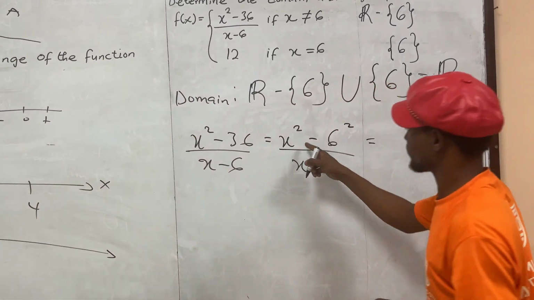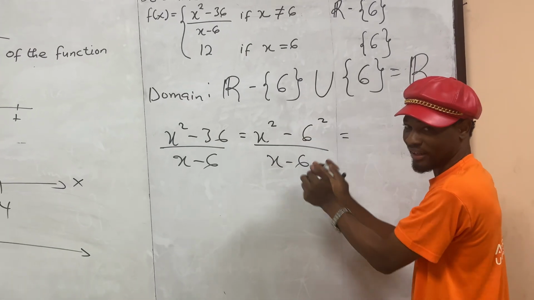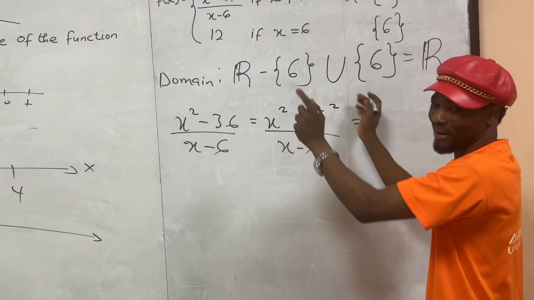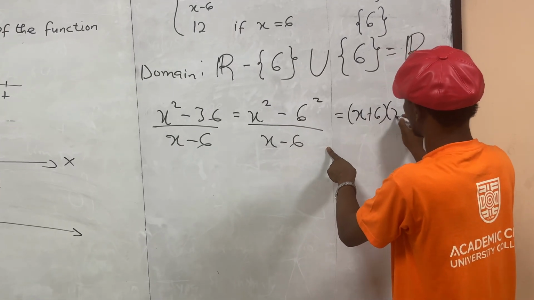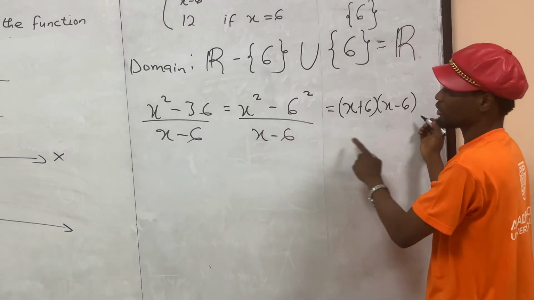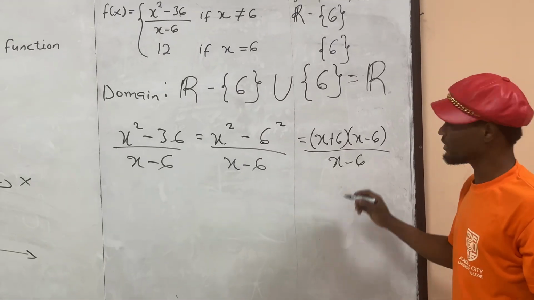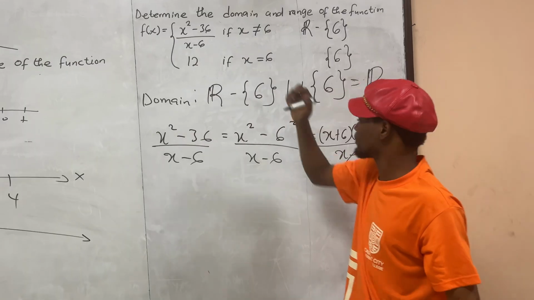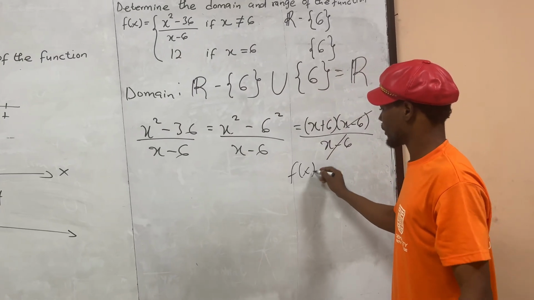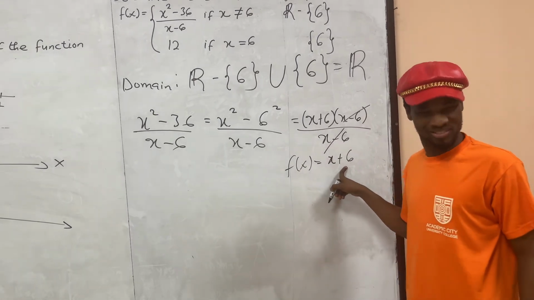For a difference of two squares, you add the expressions in one bracket, then subtract them in another bracket, all over x minus 6. Clearly, this cancels this, so the whole function f of x becomes x plus 6. Do you get it that way?